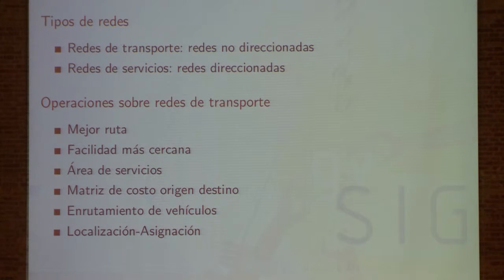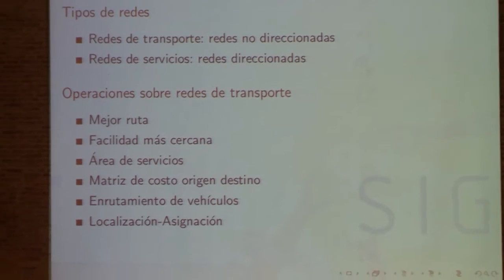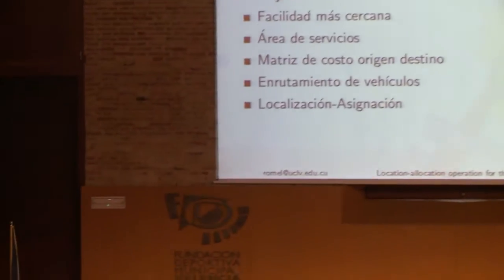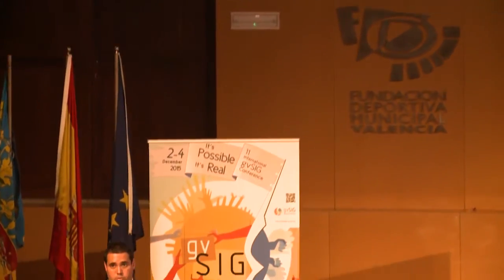So we talk a little bit about the types of networks. We talked about the transport networks are not directed in this case. There are other service networks which are directed networks. We have certain software which is very powerful in one or other type of network. In this case, we can analyze transport and variables in transport networks.